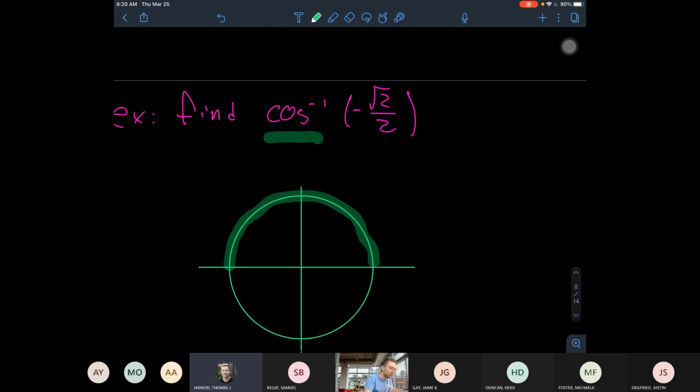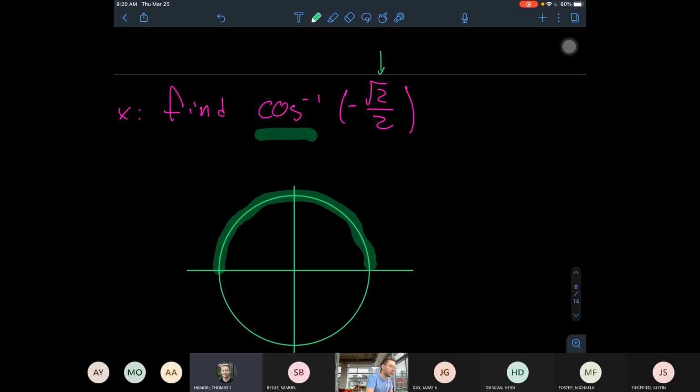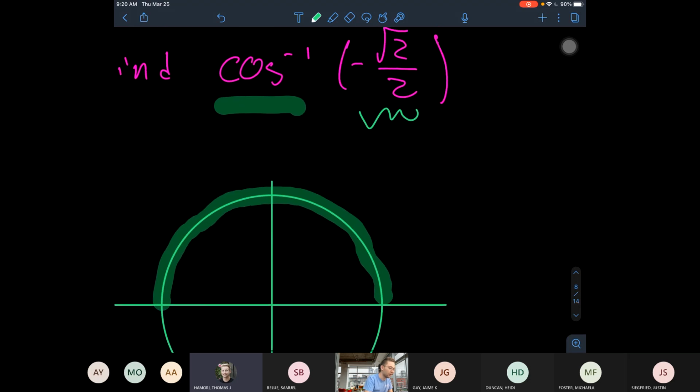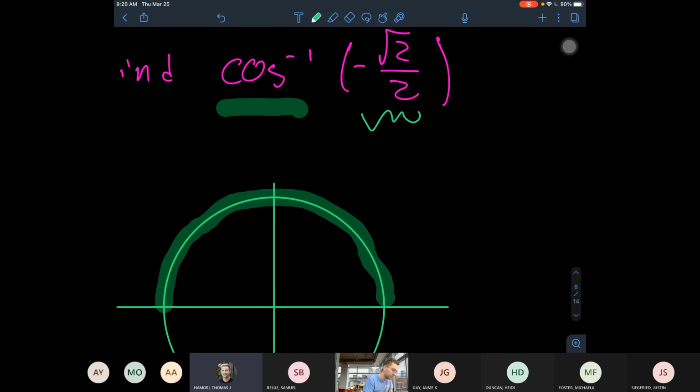And now what I need to do is draw a point on the unit circle which has an x value of negative square root 2 over 2. Okay, just need to draw a point on the unit circle with that x value. And since the x value is negative, that's telling me that the x value should be to the left.